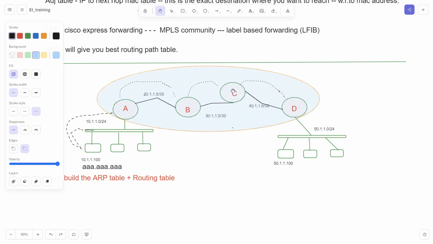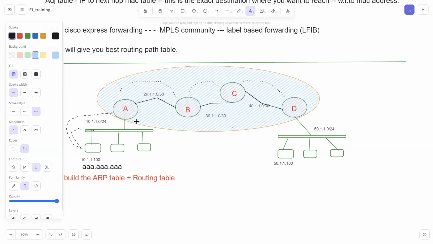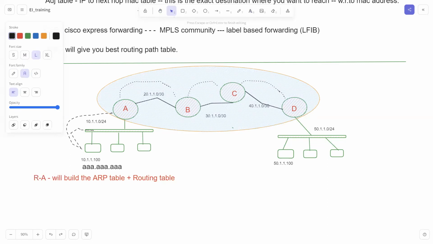The moment C learns something, it will advertise to B and D. The moment B learns something, it will advertise to A and C. They're connected interfaces, right? Via routing advertisements. So now if you build router A's routing table, you will see that 10 is my connected network, and 20 is also connected.